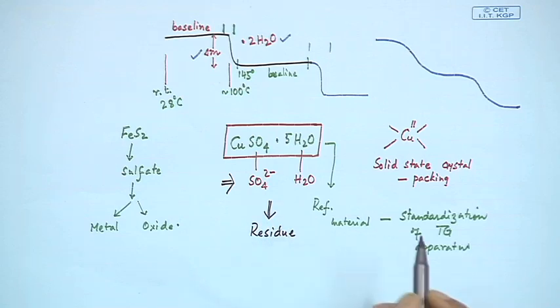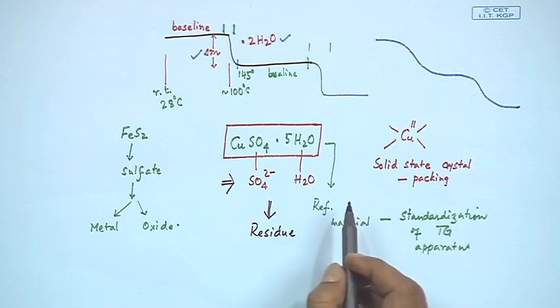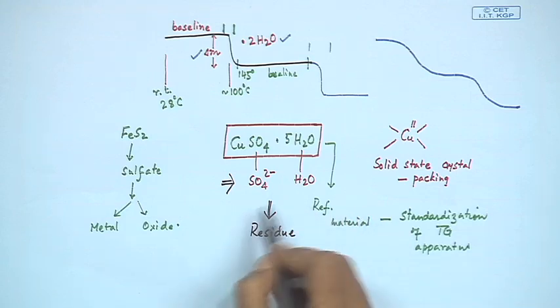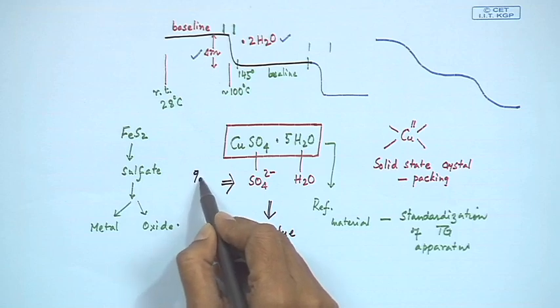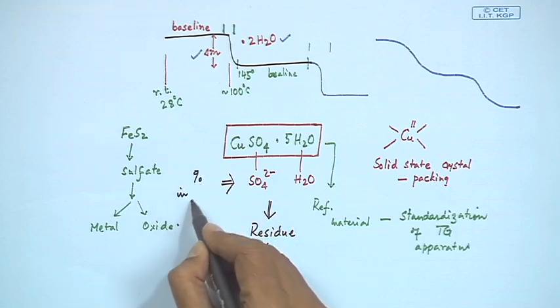So, let us think for a while before we go to the next class, because if we are able to determine the percentage of this residue, the detailed analysis of this TGA plot will tell us what your residue should be and what the corresponding mass loss in steps should be.